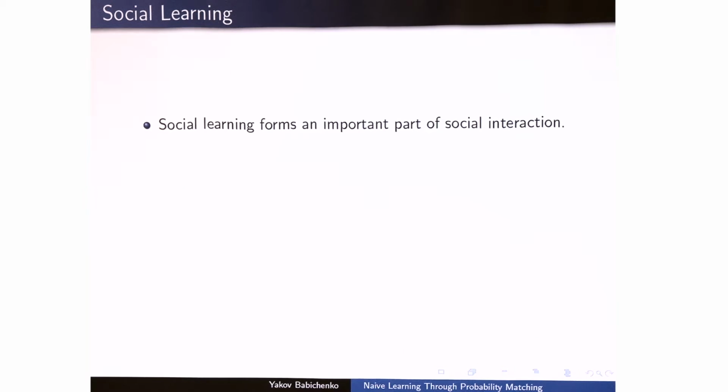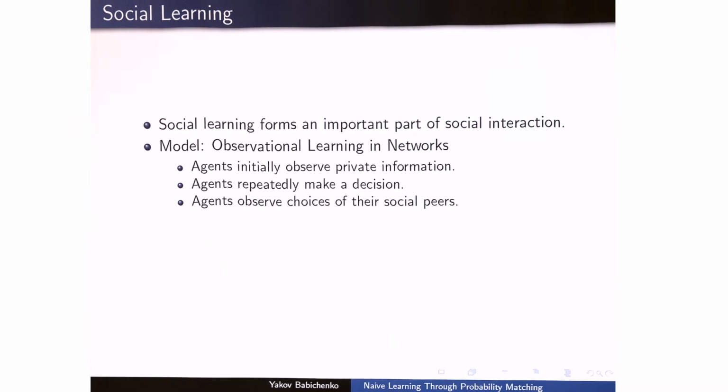Okay, so what is social learning about? Social learning forms an important part of social interaction, and in particular, what social learning tries to understand is how agents learn from each other. The classic standard model in observational learning is that agents initially observe some private information.